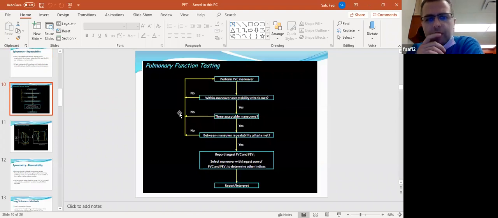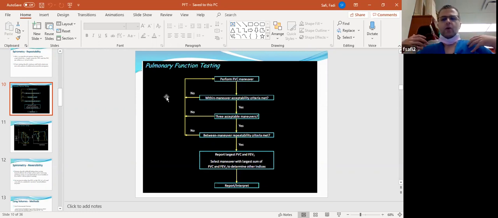So in the pulmonary function test, you ask the individual to do what we call the FVC maneuver. The forced vital capacity maneuver, as I told you, is you take a deep breath and then you exhale it all the way. If the FVC maneuver is accurate, then you have to repeat it 3 times, and after that you interpret your results. But this is more technical.